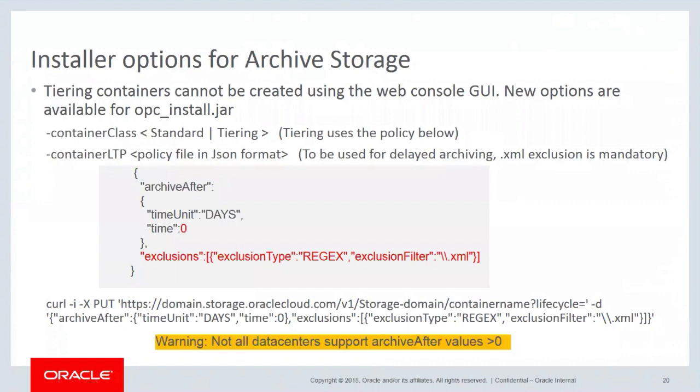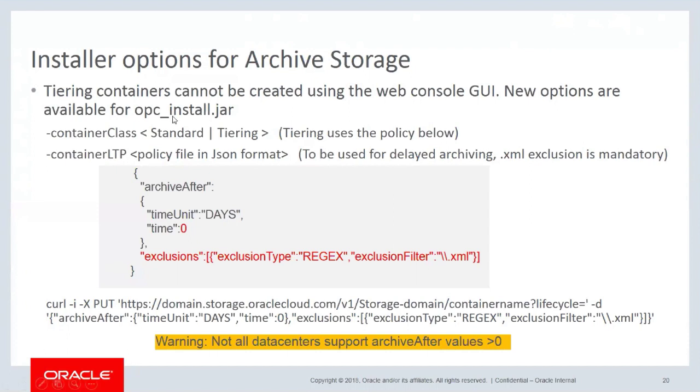The other thing I want to note is that not all data centers, unfortunately, support archive after values greater than 0. There are only 2 data centers that support this in the US, one in Ashburn, one in Chicago, and it's only the new data centers. So if it's a new account, it should be good, since new accounts are created in the new data centers.